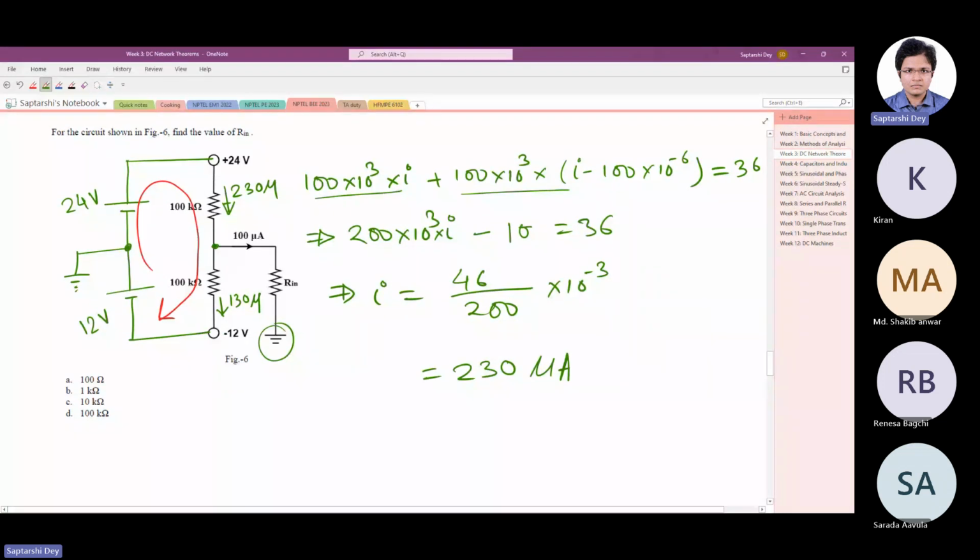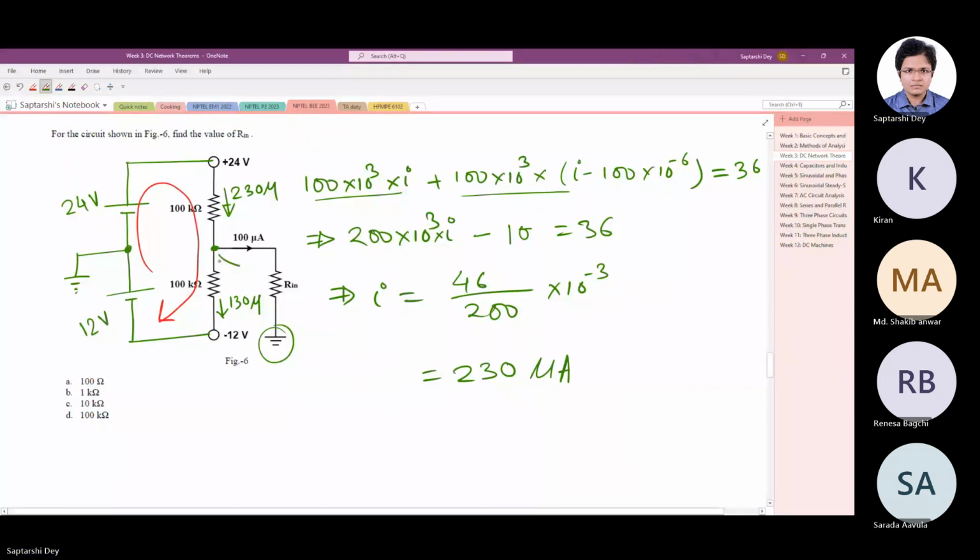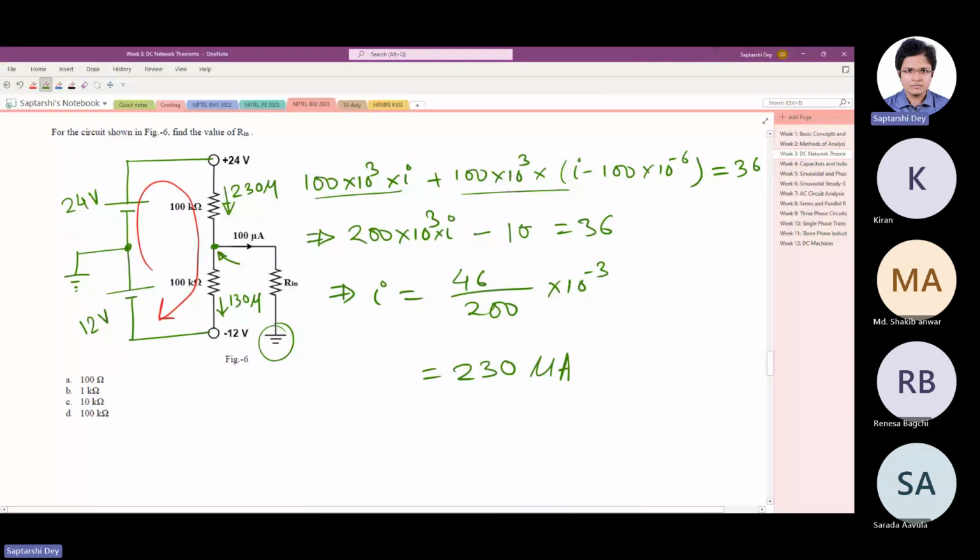Let us see. We can find out the voltage at this node. The voltage at this node is simply 24 minus 100 kilo times 230 micro. 1 volt it is coming.